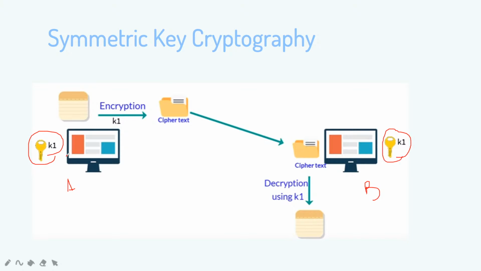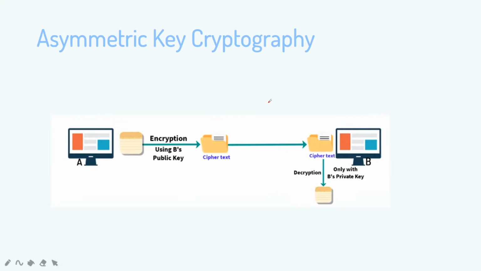Here, if any other user, like C, has the K1 key, then definitely C can receive the message, open the message, and decrypt the message, right? So to rectify this symmetric key cryptography, we are using asymmetric key cryptography.